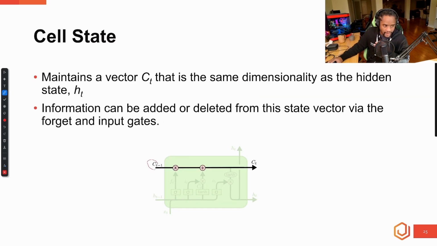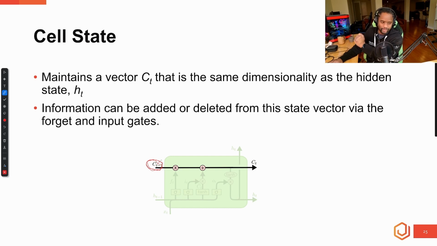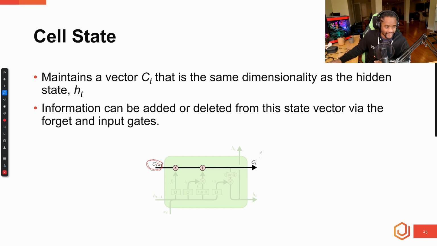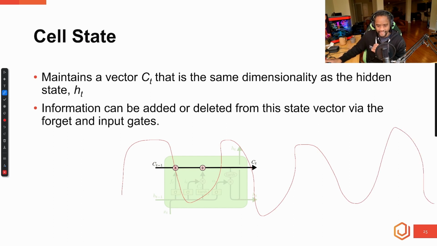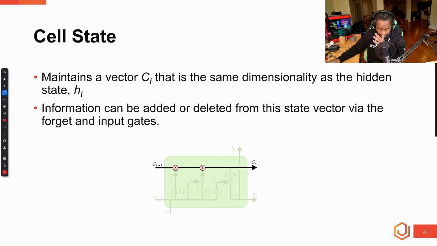This is almost like a value that represents remembering, right? And it's going to pick up things as it goes through to remember more or remember less. Okay, so this is our remembering constant that goes through this thing.